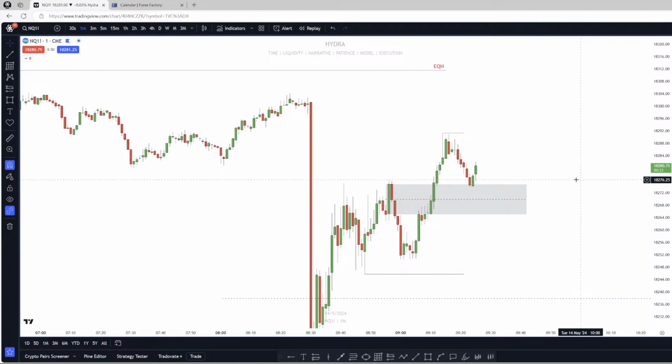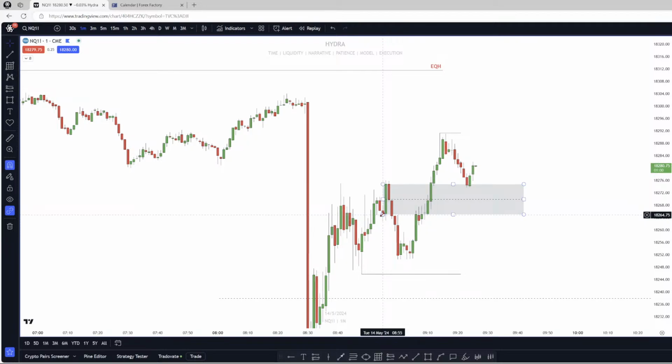So very nice. We are getting support from this mitigation. Man, these levels are too clean.